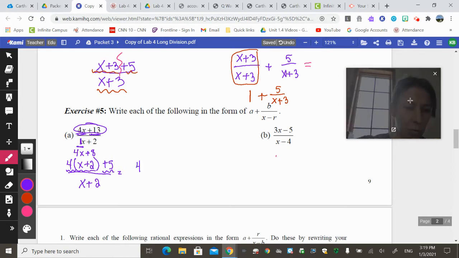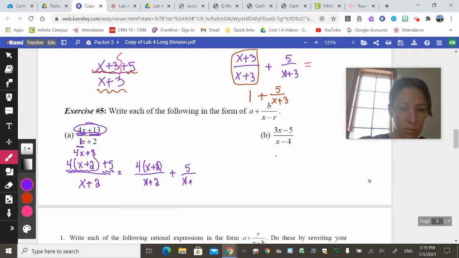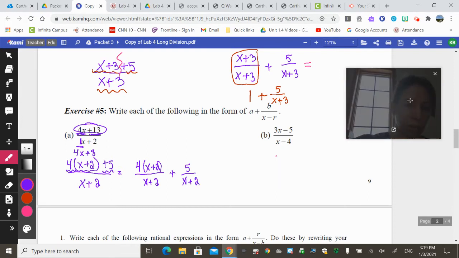I'm going to take those 4 times x plus 2, put it over a denominator of x plus 2, and then separate my extra 5 over x plus 2. The only piece that can be reduced is x plus 2 over x plus 2, which turns into a 1, and 4 times 1 is just 4. So my answer is 4 plus 5 over x plus 2.